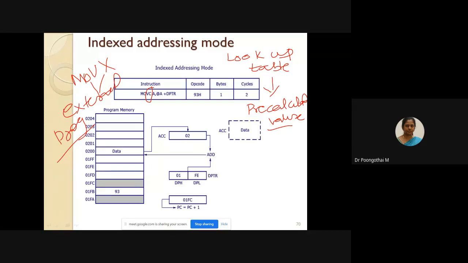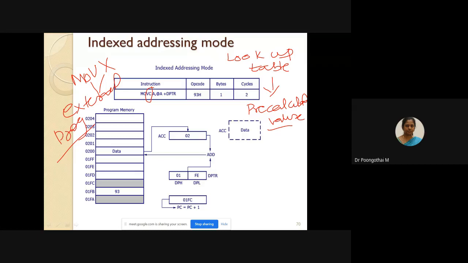A lookup table contains already pre-calculated values. Suppose you are calculating the square root, square, or logarithm of a given number. For those scenarios, your 8051 does not have an exact square root, square, or logarithm instruction.